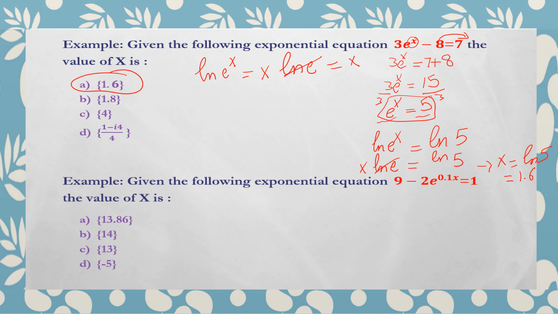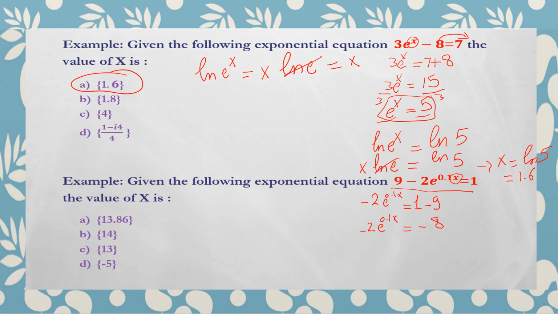Another example, given the following exponential equation, we need to find the value of x in the exponent. The first step is to simplify the form of the equation. So minus 2e power 0.1x equals 1 minus 9, and this equals minus 2e power 0.1x equals minus 8.